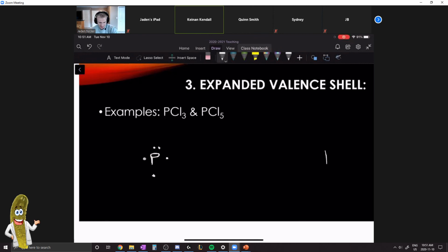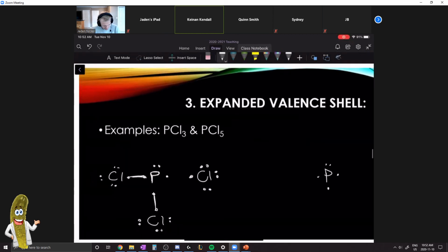So 5 valence electrons surrounding it. As far as PCl3 goes, there's 1 chloride, 2, 3. Chloride has a valence number of 7. So it's pretty straightforward for PCl3.